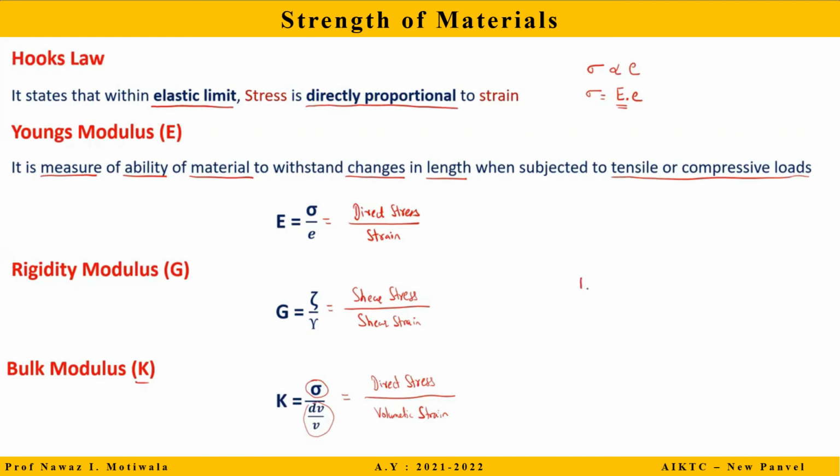So now we are familiar with three different kinds of constants, that are E, G, and K. Now, is there any relation between Young's modulus, modulus of rigidity, and the bulk modulus? Yes, there is a relation, which is also an important part for your MCQs as well as your problem solving in the descriptive part.